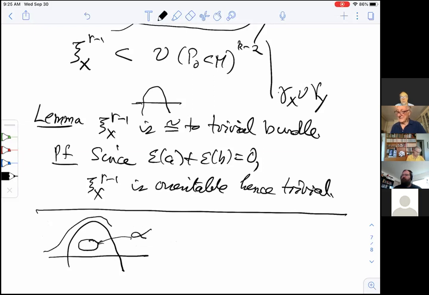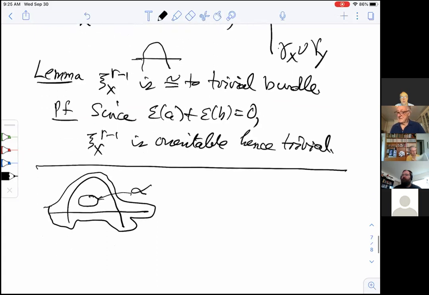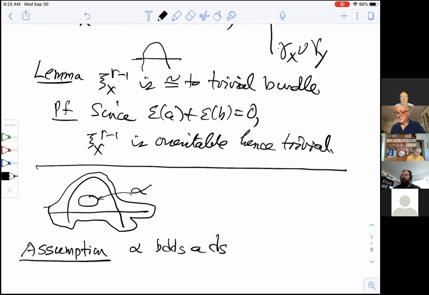And then I have the outside, which I'm not going to name. So the next assumption is that alpha bounds a disk, a map of a disk, D2 mapping into M minus X union Y.